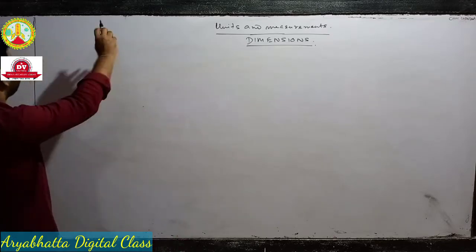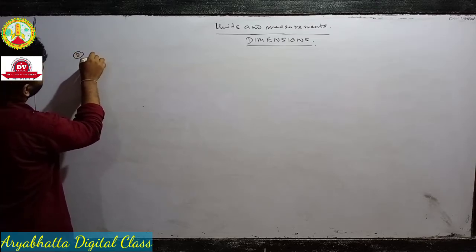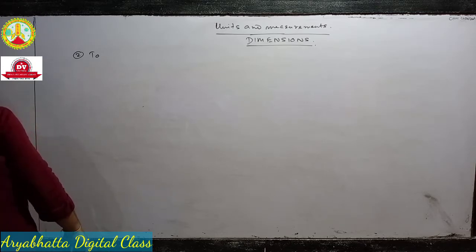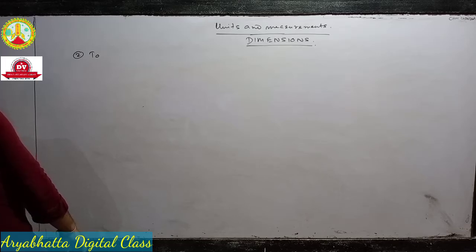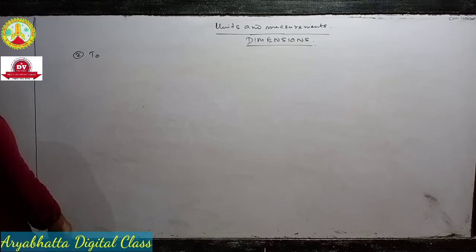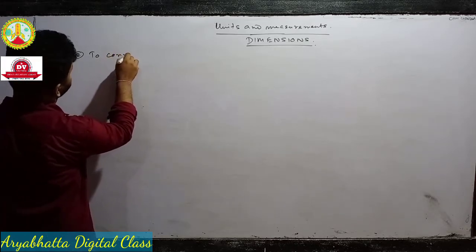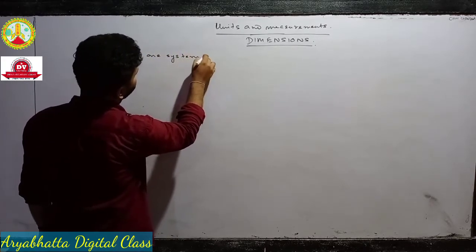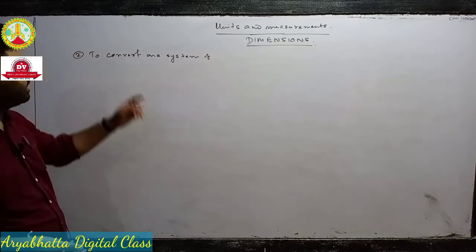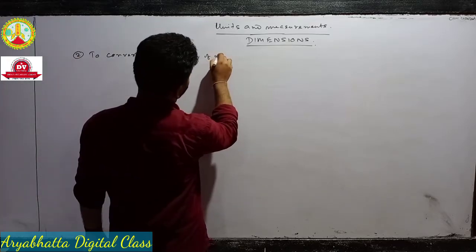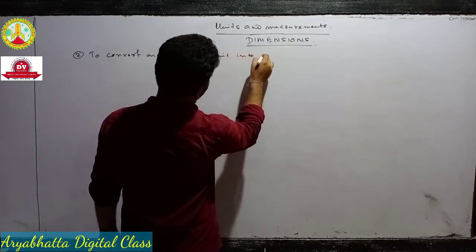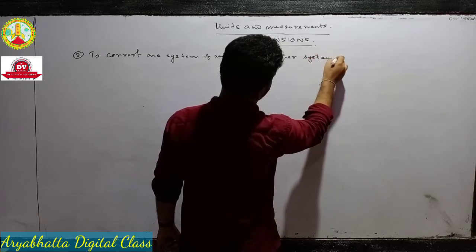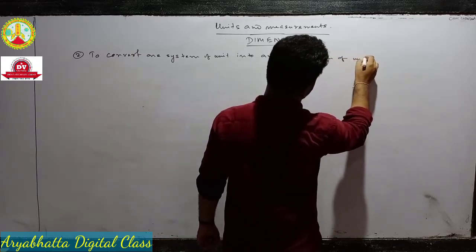So the second one is to convert one system of unit, suppose say MKS, CGS or SI, into another system of units.